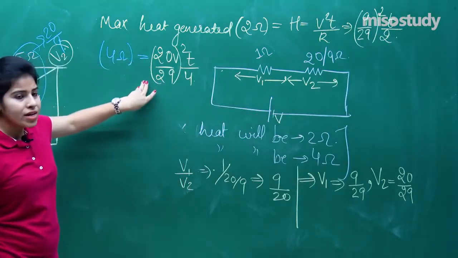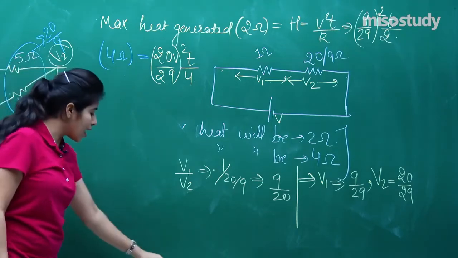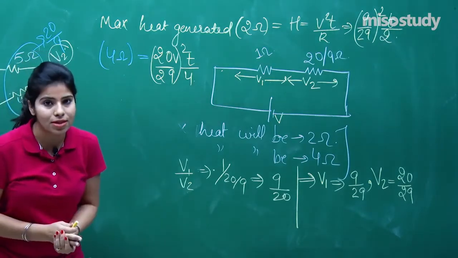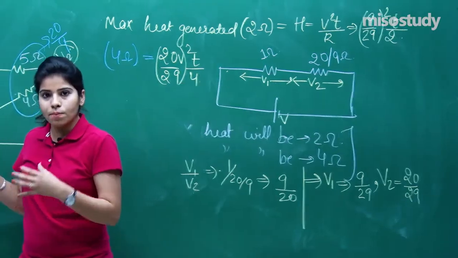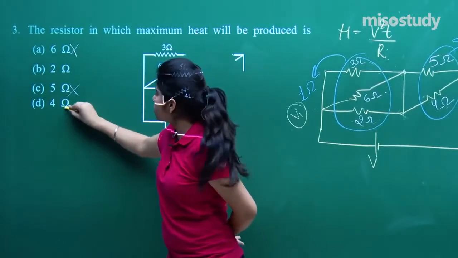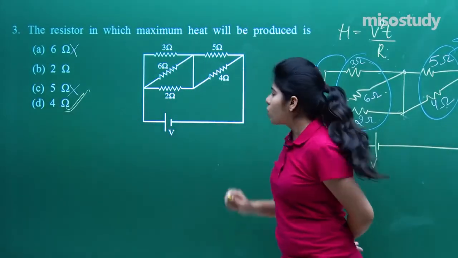So definitely this is the maximum heat generated. So we can say that maximum heat is being generated across the 4 ohm resistance. So among these two, 2 ohm and 4 ohm, we take the 4 ohm resistor, that is, the maximum heat generated is across the 4 ohm resistor.